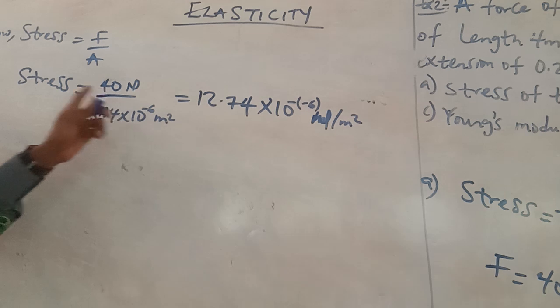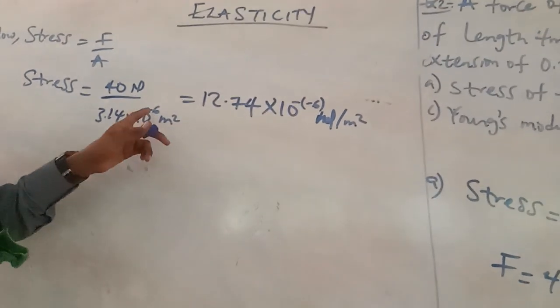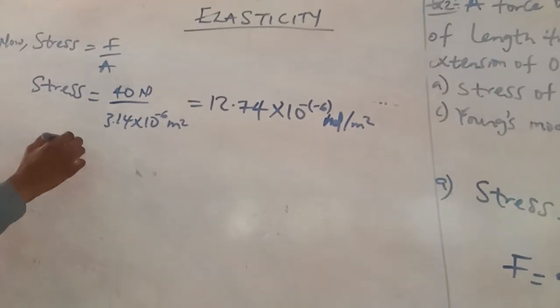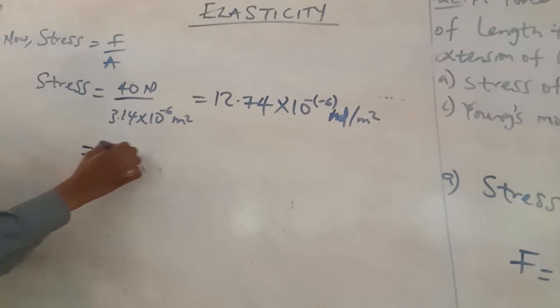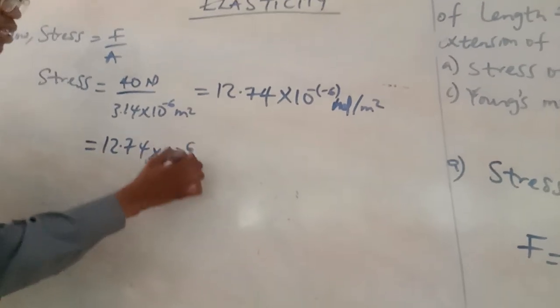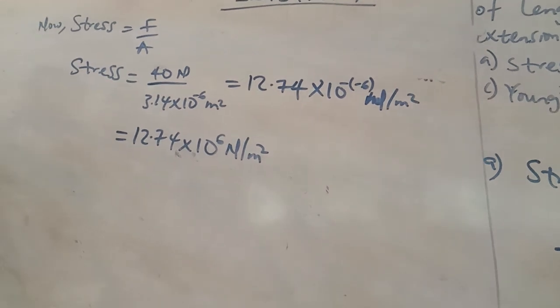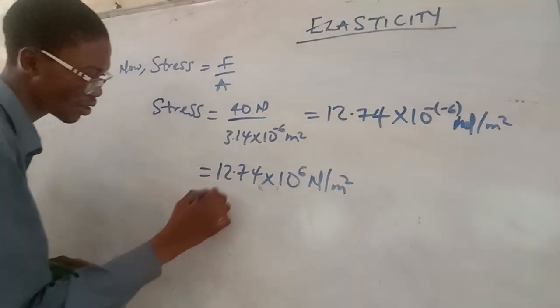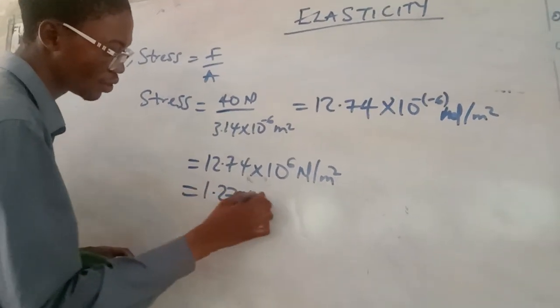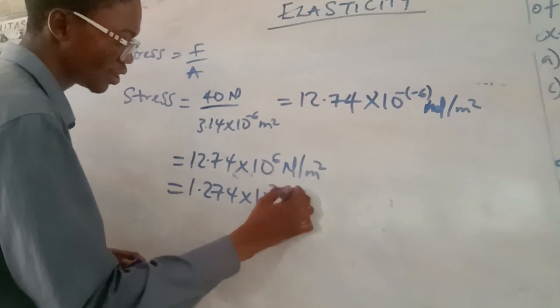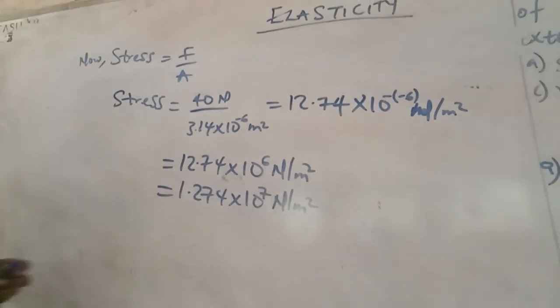Law of indices, if you are having division, it will be minus, so times 10 raised to power minus 6. Then our final answer will be 12.74 times 10 raised to power 6 Newton per meter square. Then you can also finalize it in standard form as 1.274 times 10 raised to power 7 Newton per meter square.